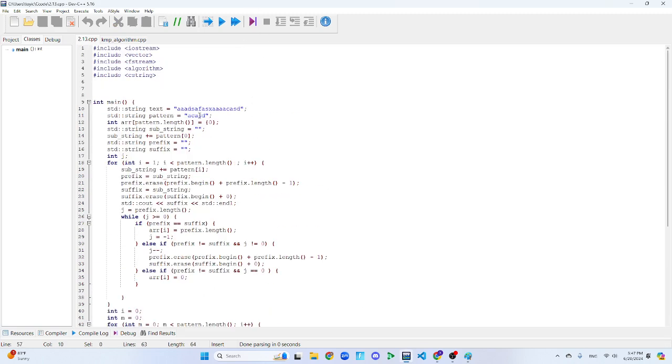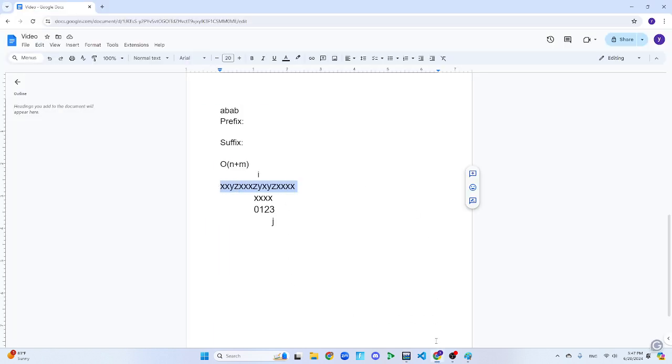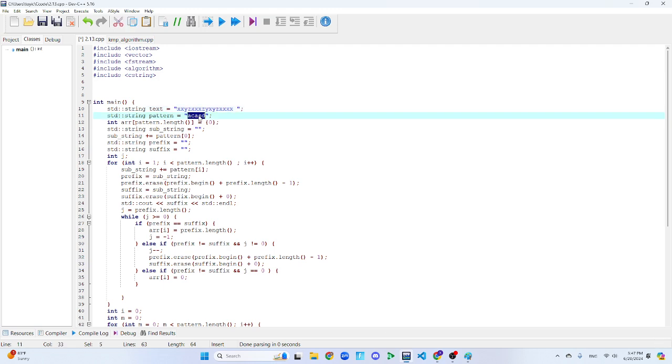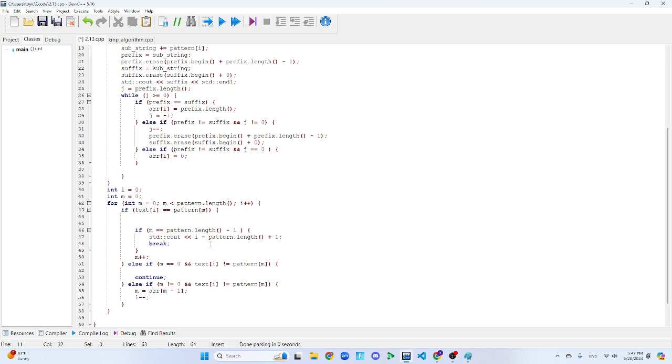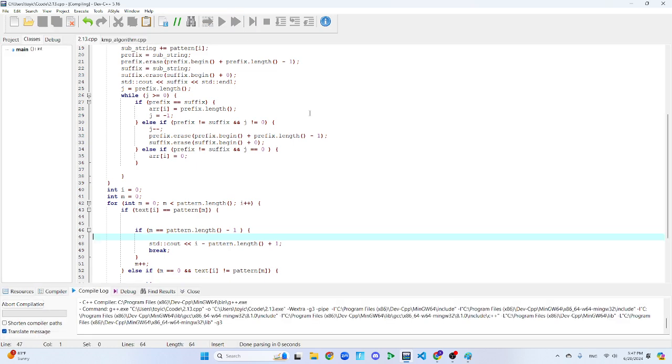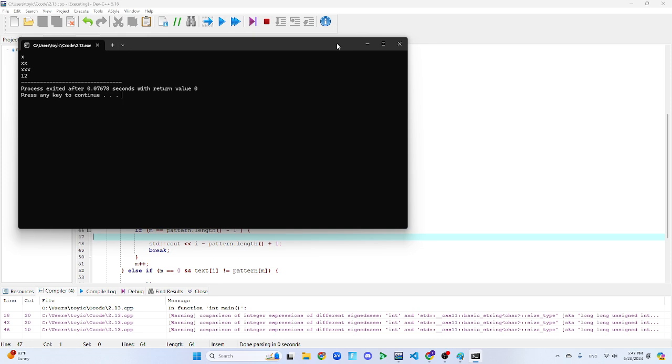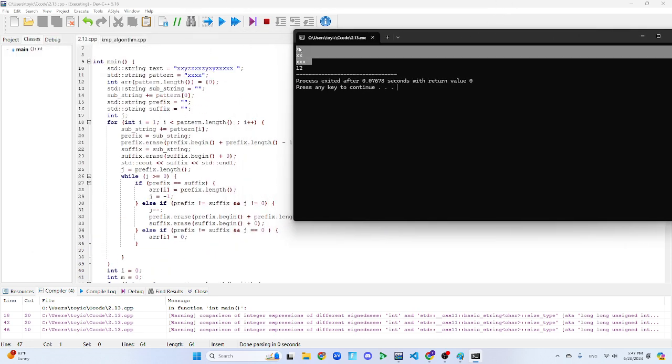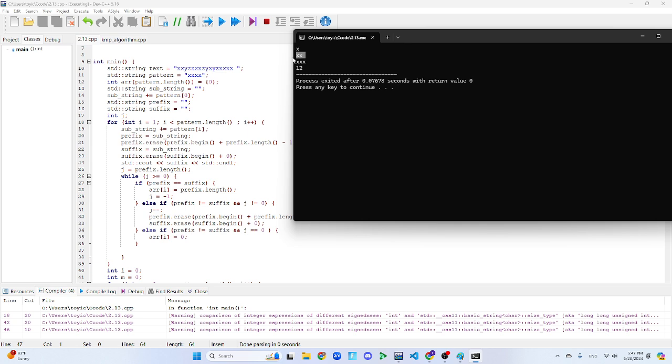So let's say we have this, and then we have xxx. We'll print out the result. I'll just show you the code. Basically, it'll print out every substring of the string, and then identify the prefix and suffix and find which one is the longest.